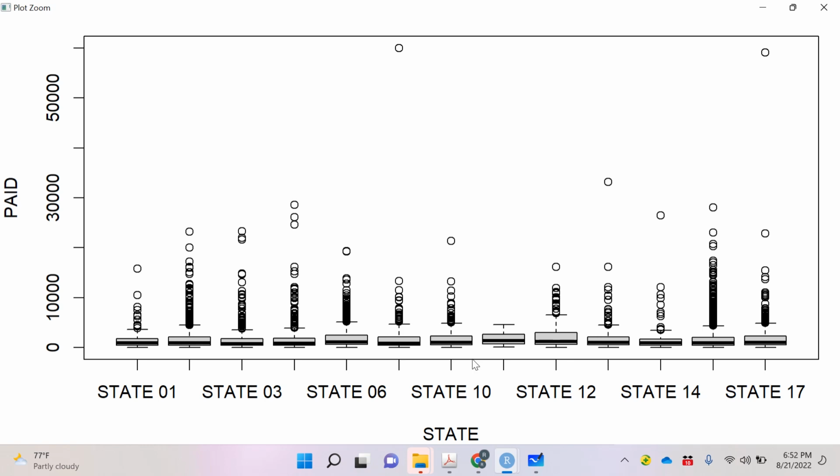But if I want to see each state, it means I have to suppress these axes. In other words, I'll set xaxt equal to n. So it will not plot any axis, and then I now give it an axis.